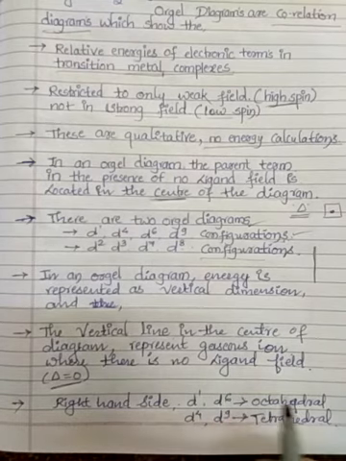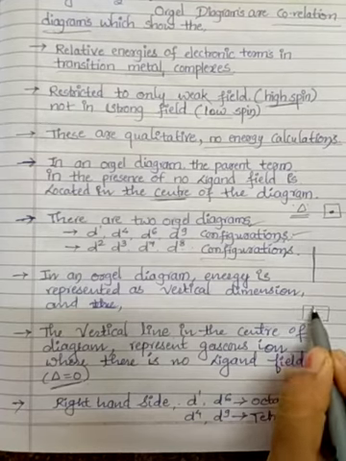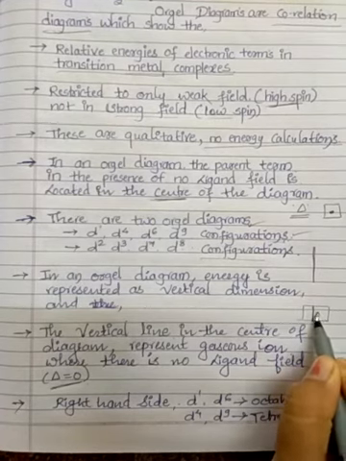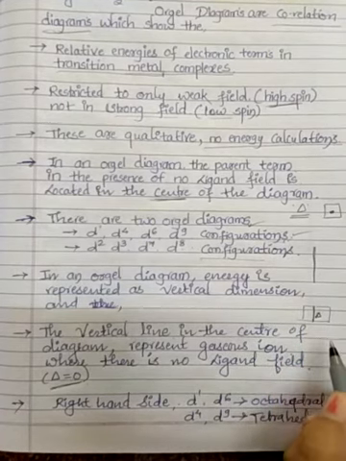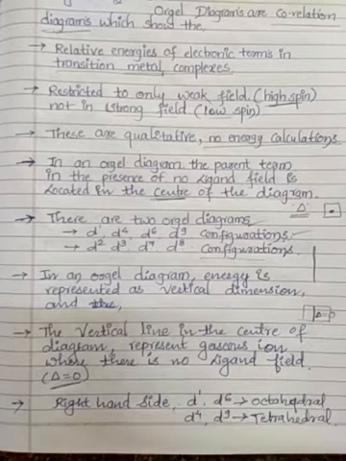Consider this is our center, and the vertical line here represents delta, the gaseous ion where there is no ligand field, delta equal to 0. Neither strong nor weak over there.